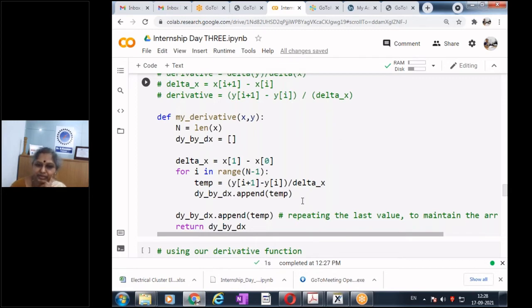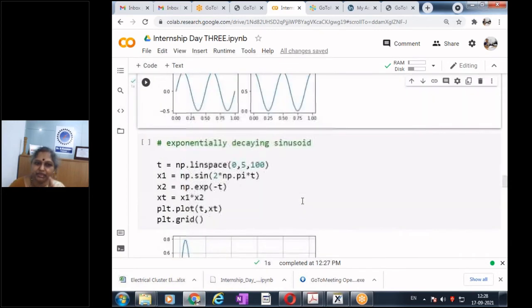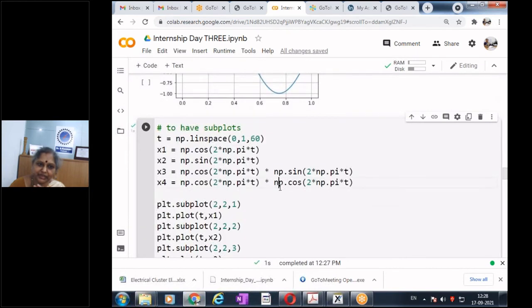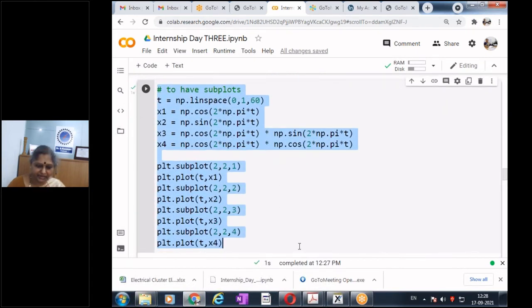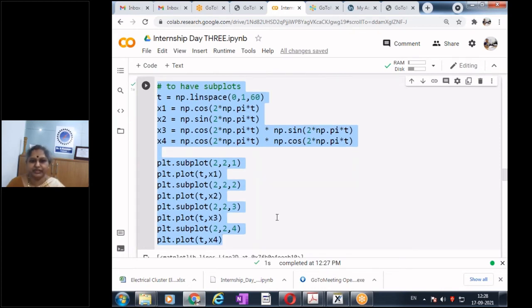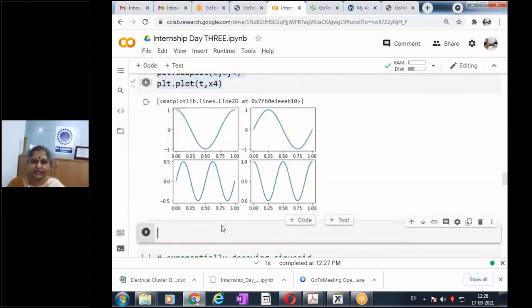For the same one, suppose I want to have it 1 comma 3. Let's take the same cell and copy everything, and instead of having it in this manner, let's change it.